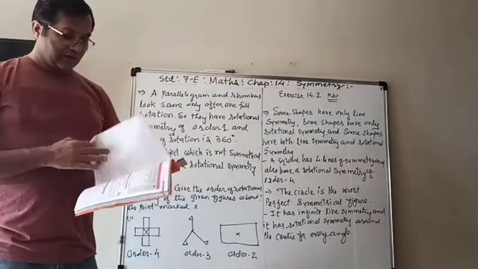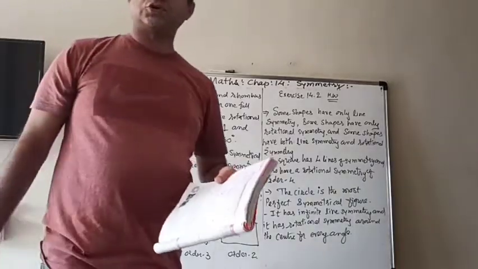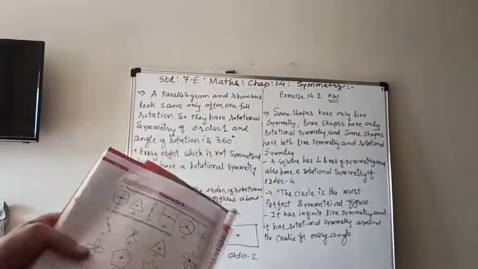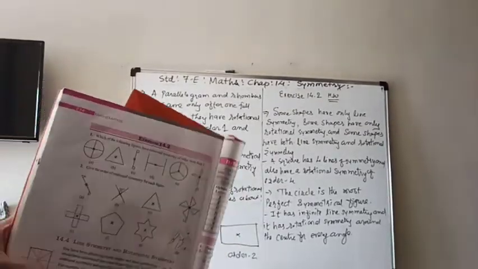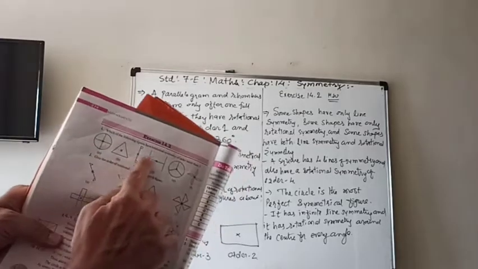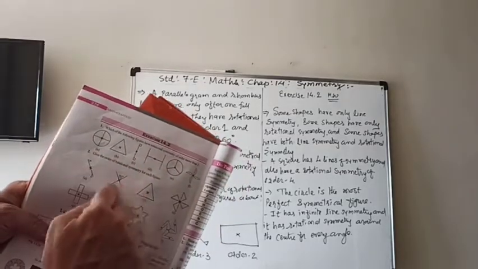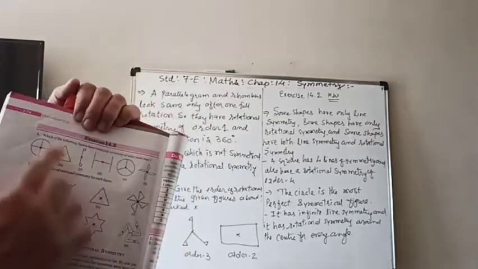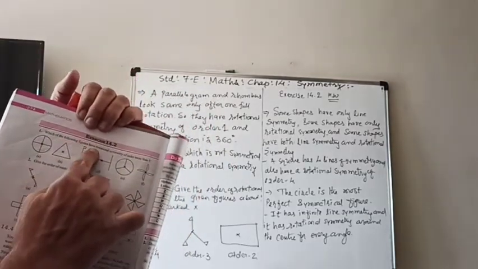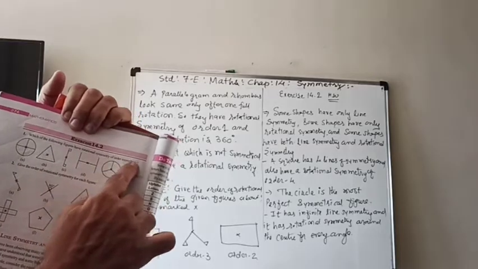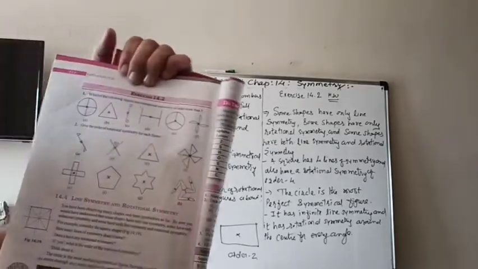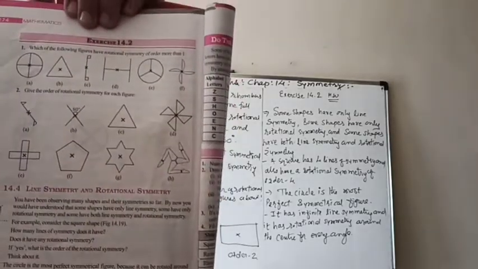Now in exercise 14.2, look here, there are different figures given, and in the middle all have a cross mark. Now we have to write down which of the following figures have rotational symmetry of order more than 1. It means that we can write down the order of symmetry.